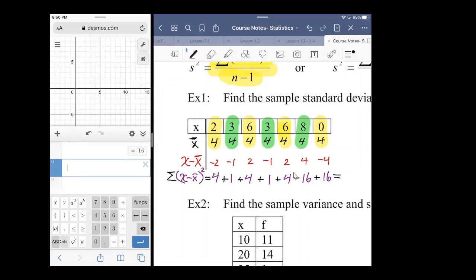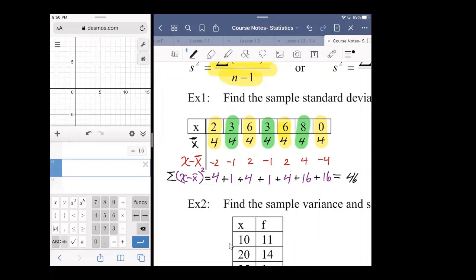Then it's just a matter of actually performing the addition, whether you do it in the calculator or by hand is your business. But we got 14, 30, 46 total. So one way or another, you should come up with that 46.